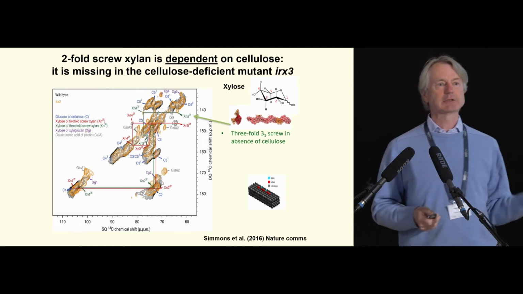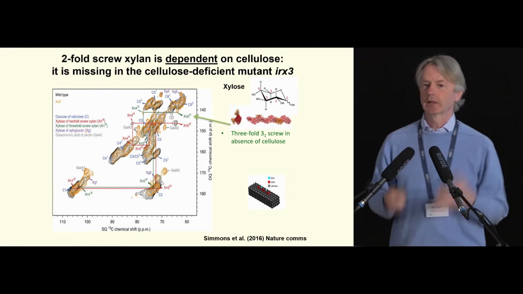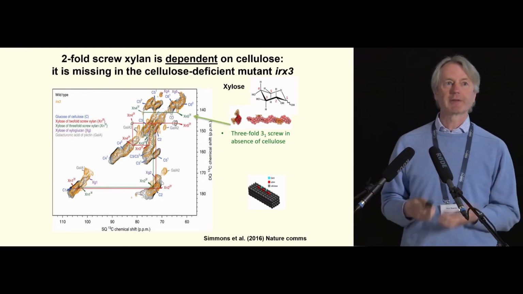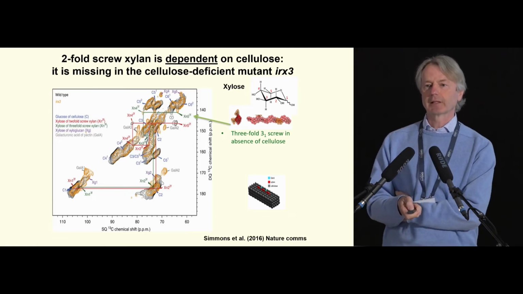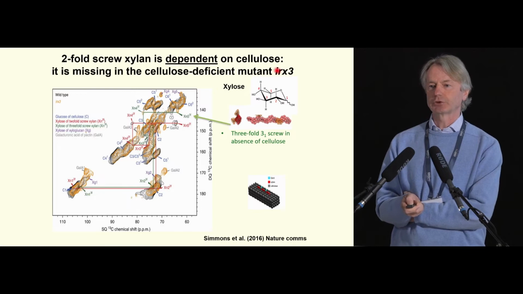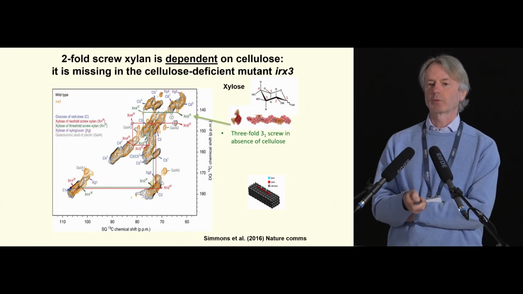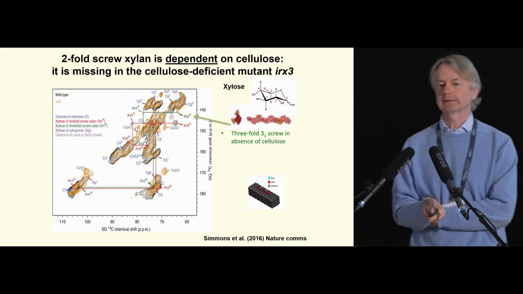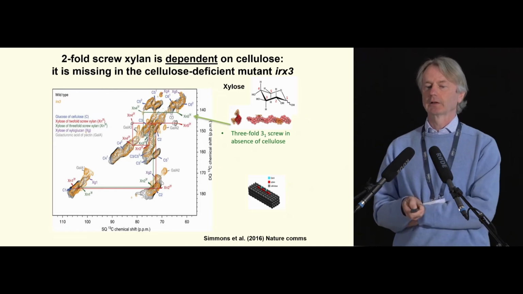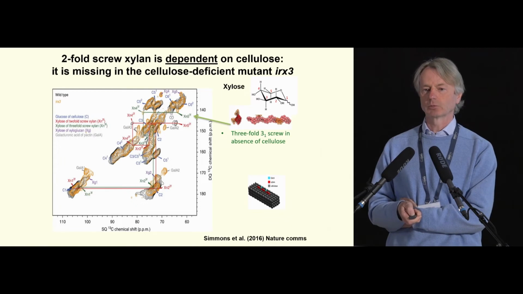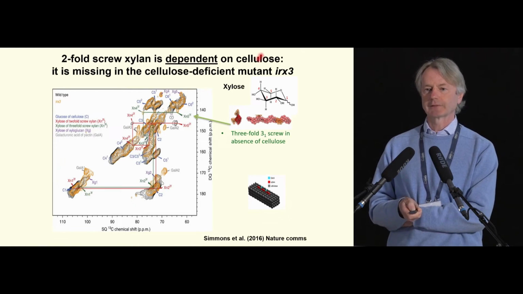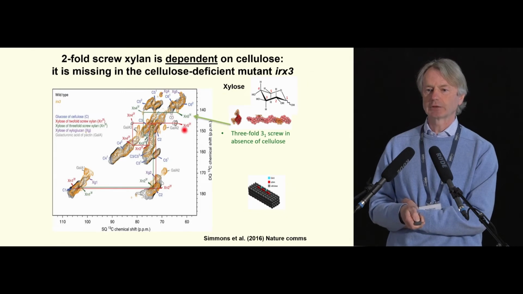Now, has this got anything to do with interaction with cellulose? I told you that we have plants where there is no cellulose in the secondary cell wall. So we compare the spectrum of this cellulose deficient mutant in orange with this wild type plant to see what difference there is. There's a little bit of cellulose left in these plants because we have primary cell walls, but the main difference that we see is a reduction in cellulose and also a change in the xylan shifts.